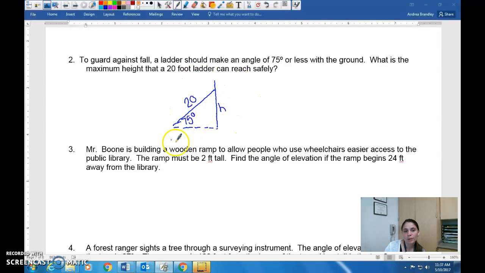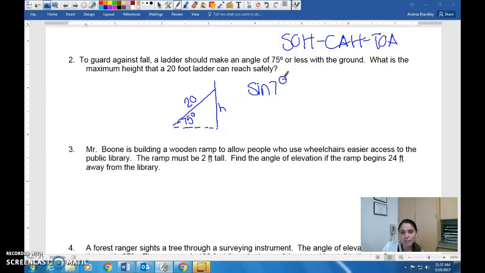Again, once I have my picture, I can quickly and easily see what I'm trying to solve for. So I want to solve for height. If I look at this angle, I'm trying to solve for the opposite, and I know my hypotenuse. If I remind myself of the 3 trig ratios, the only one that uses opposite and hypotenuse is sine. So the sine of 75 is equal to the opposite, which is the height, over the hypotenuse, which is 20. To get this height by itself, I'm going to multiply by 20 on both sides.